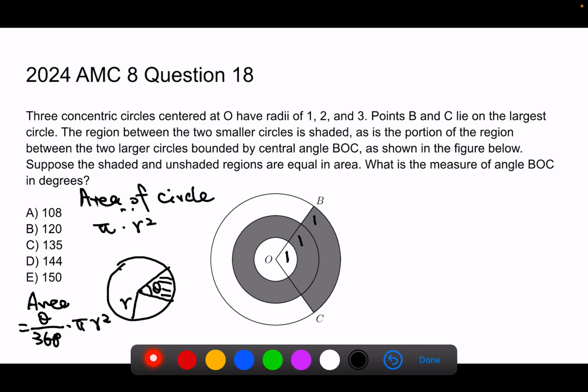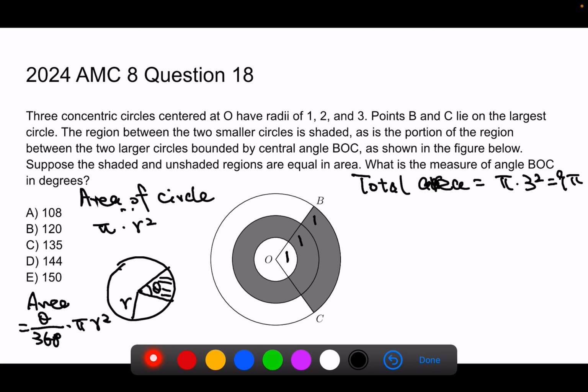So to make things easy, let's figure out the total area first. Total area is equal to the big circle's area, because altogether it's a big circle. Its radius is 3, so the total area is pi times 3 squared, equal to 9 pi.